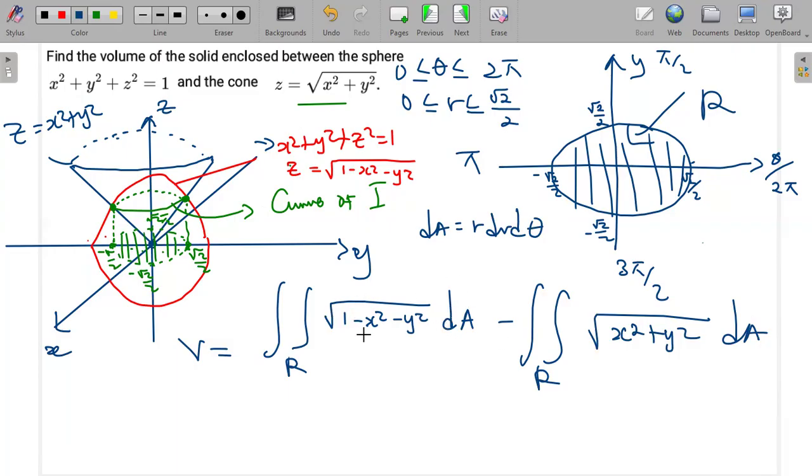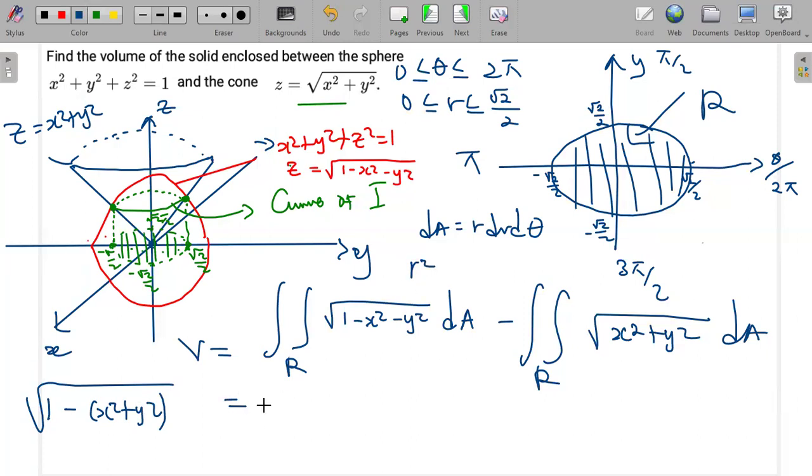I can see that under the root we have 1 minus x squared plus y squared, and we know that x squared plus y squared in polar coordinates is just r squared.